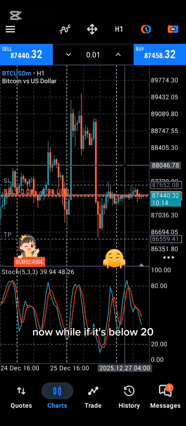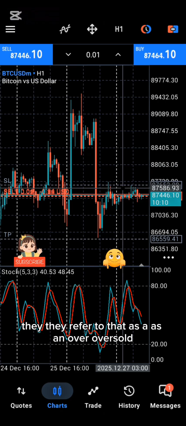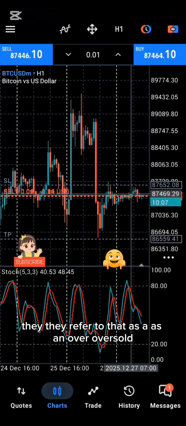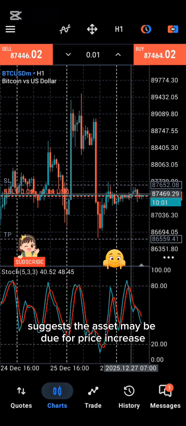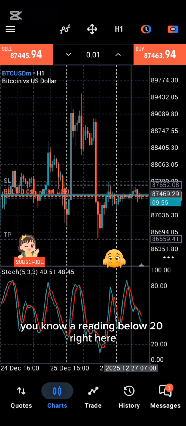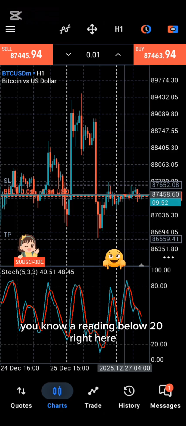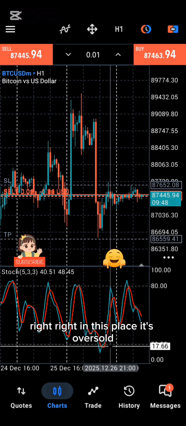Now, while if it's below 20, they refer to that as oversold. A reading below 20 suggests the asset may be due for a price increase. Basic use and terms. A reading below 20, right here, right in this place, it's oversold.